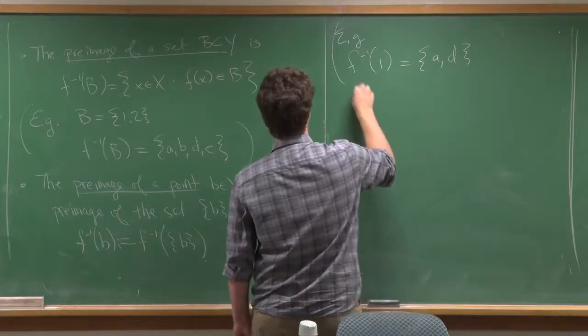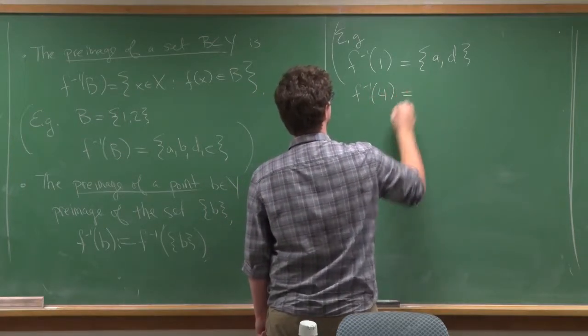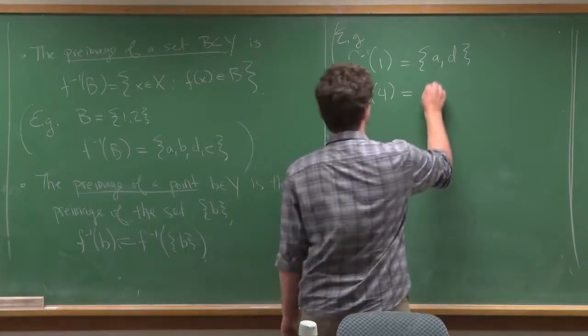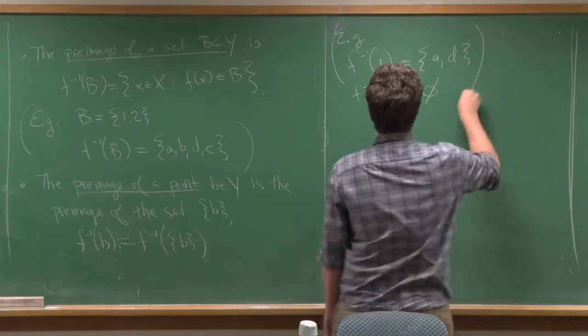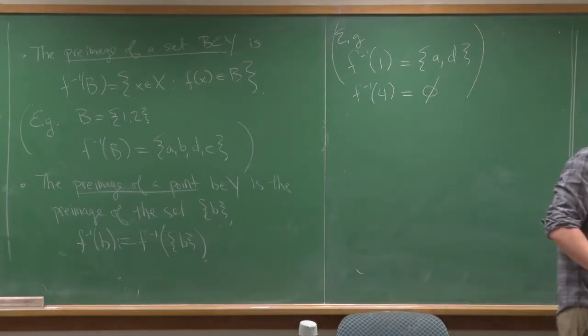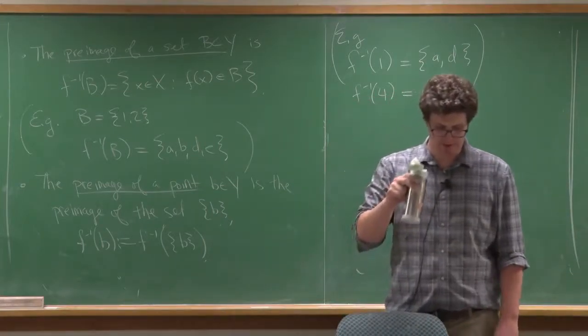Okay? And so what is f inverse of 4? It's the empty set, because nothing is hit. Right? So we have these things in this example. Does that make sense? All right. Okay, so we have images and preimages.